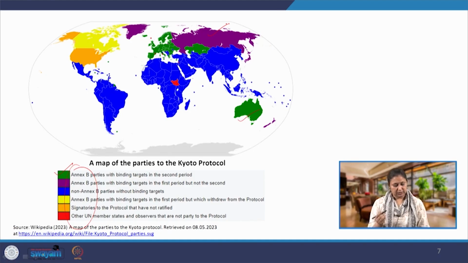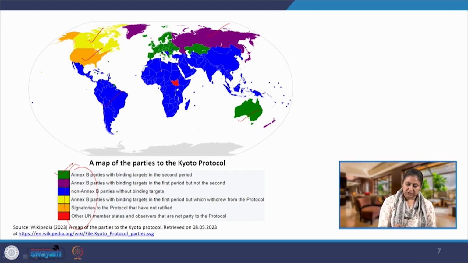Some countries which initially were there, but then they withdrew from the protocol. So, Canada was earlier a signatory, a party to Kyoto Protocol, but later it pulled out, and then USA did not become a signatory to the protocol, and they have not ratified the protocol as yet.